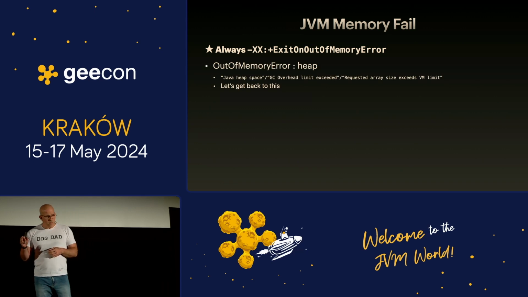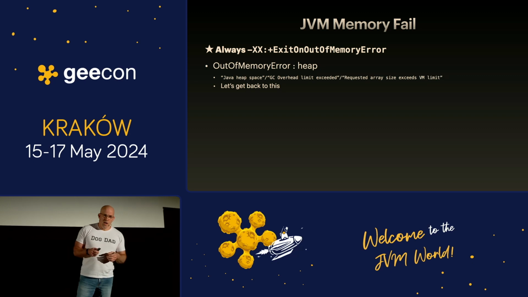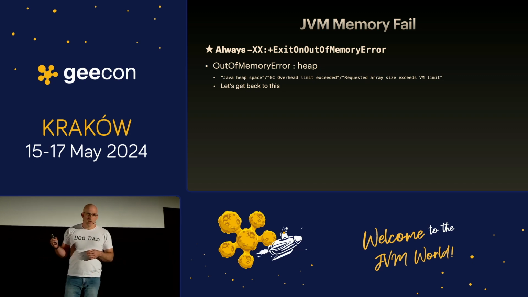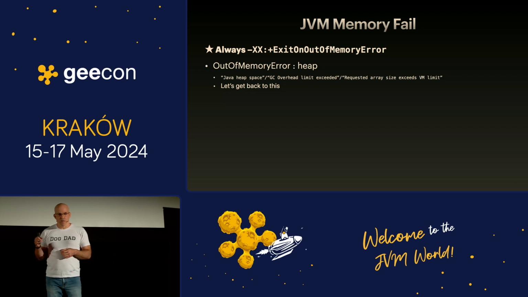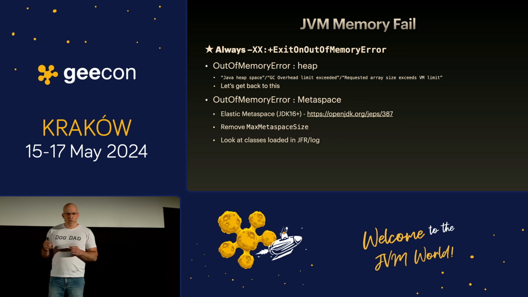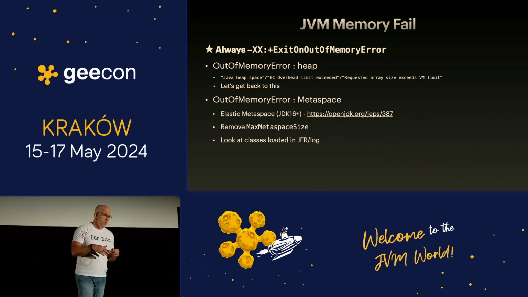There are several flavors of the out-of-memory error for heap. If you get one of those, you've probably leaked some memory, allocated too much, or done something wrong. We'll get back to the heap in a moment. You can run out of metaspace, which tends to happen when you've set a limit on metaspace and then run up against it, so just remove your limit.